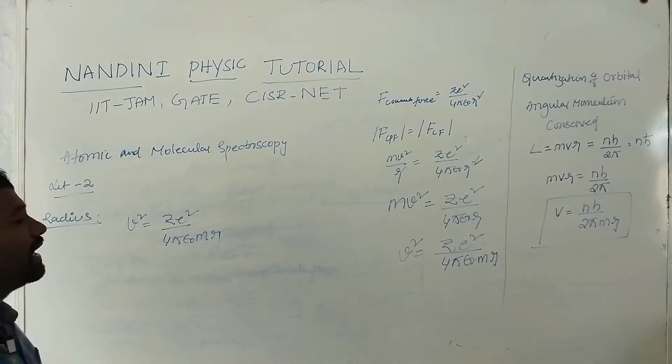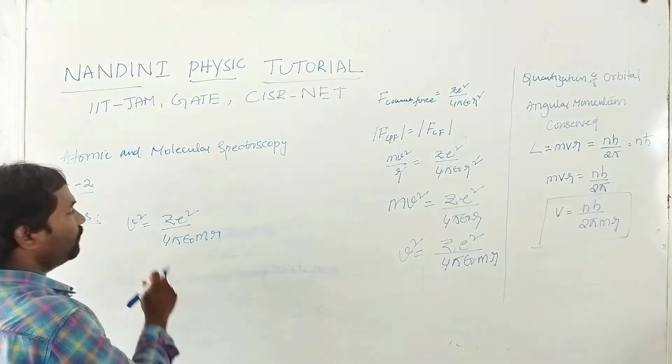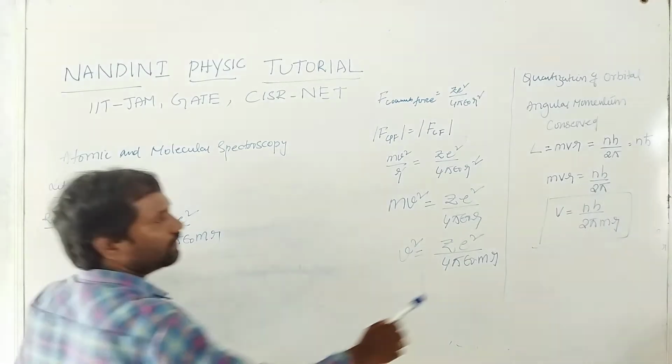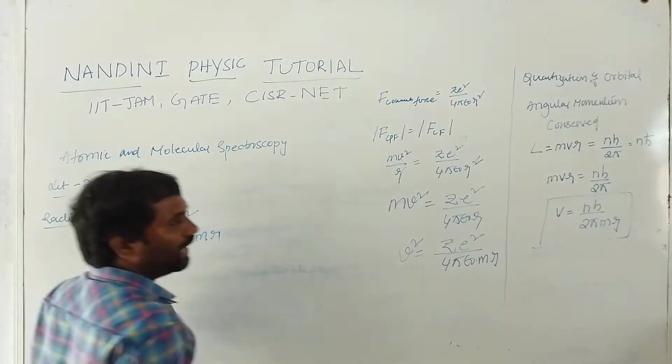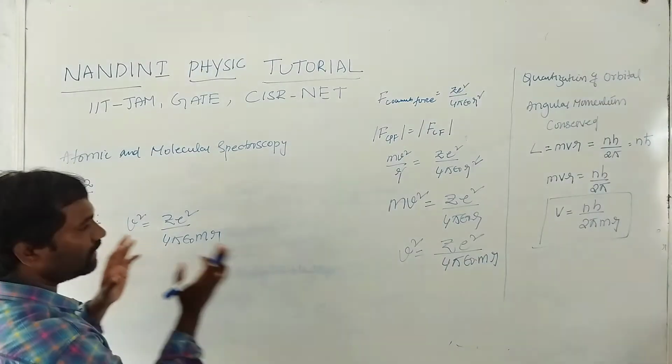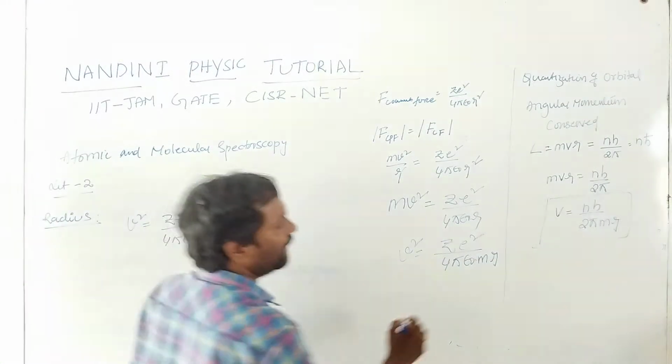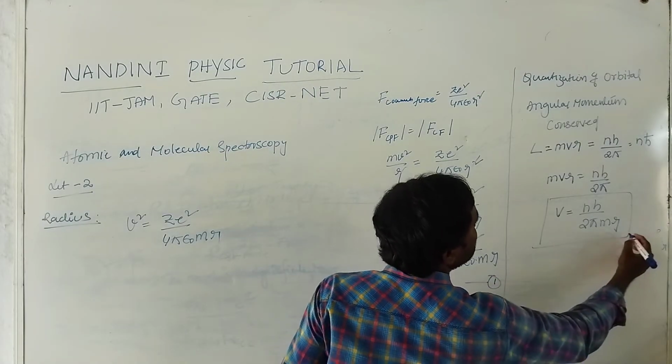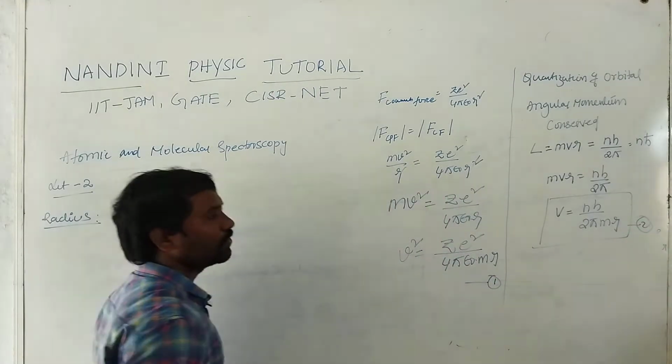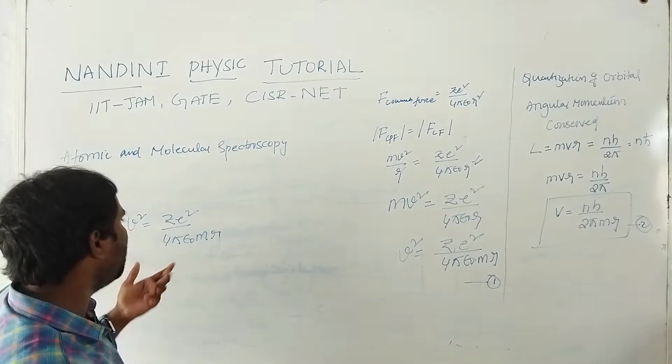This is the equation I get classically for a hydrogen-like atom. From the quantum condition I already got another equation, v is equal to nh by 2 pi r. So simply substitute that equation into this equation. This is equation 1 and this is equation 2. Please substitute equation 2 in equation 1.